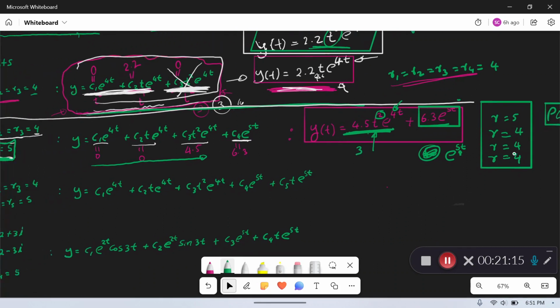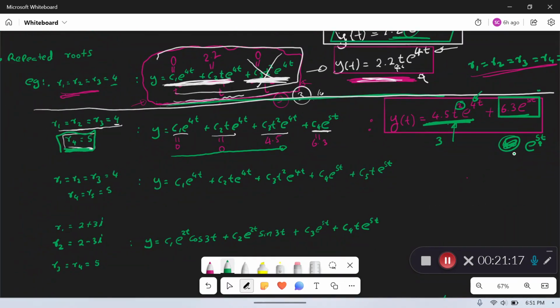The thing is, now you can, this might have had something like, let's say, C5 t to the power 3 e to the 4t. However, this might be 0.